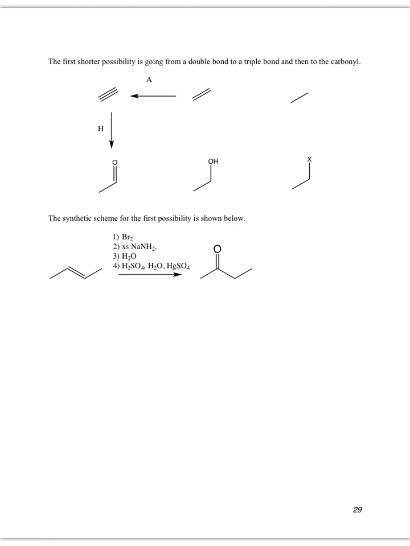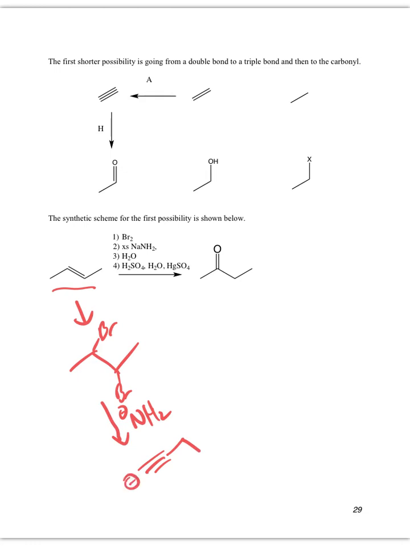So if we had this, one of the shortest ways to do it would be to brominate it, which would give us the 2,3-dibromobutane. Then excess sodium amide would make the terminal acetylide.